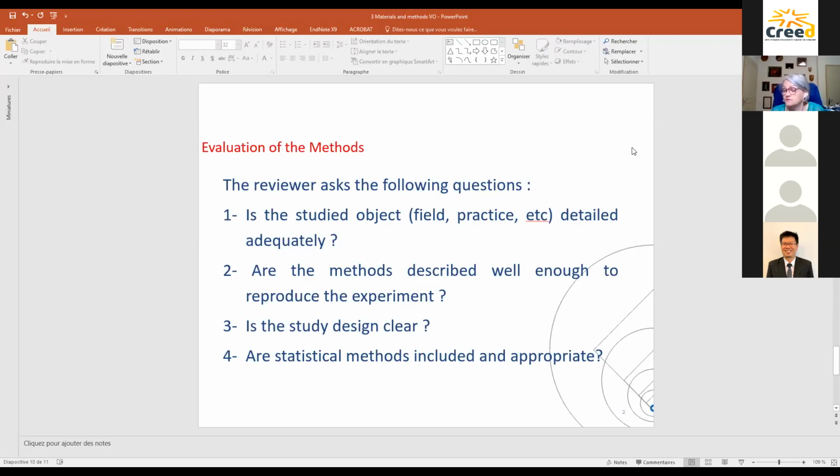Were there adequate controls? Were the treatments adequate? In the instance of perhaps looking at the impact of pesticides on something, were the concentrations of pesticides that were tested realistic? Are they related to what actually happens?